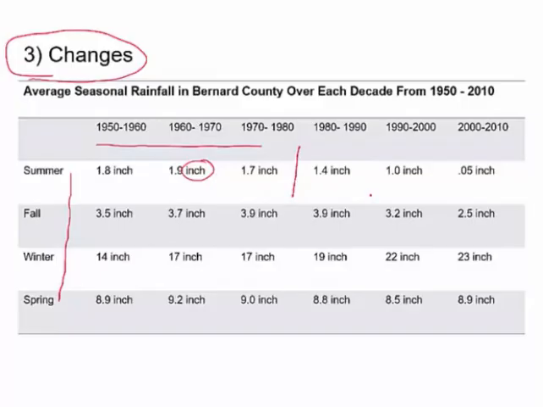We can notice a change here, here, and in particular here as well, okay? So the general trend that we saw before 1980 was that in the summer, the rainfall was pretty steady. Around 1.8, 1.9, 1.7 inches. Okay, there wasn't much change for this time period.